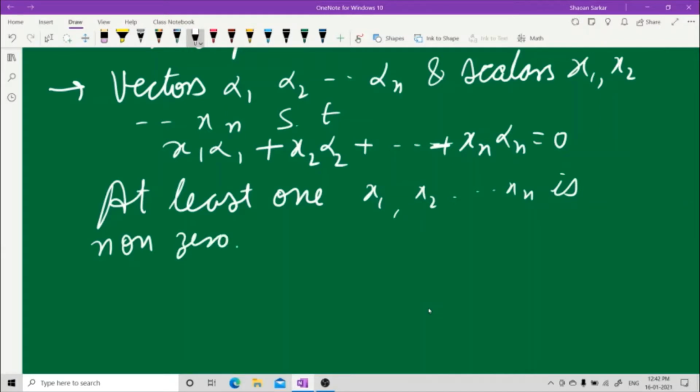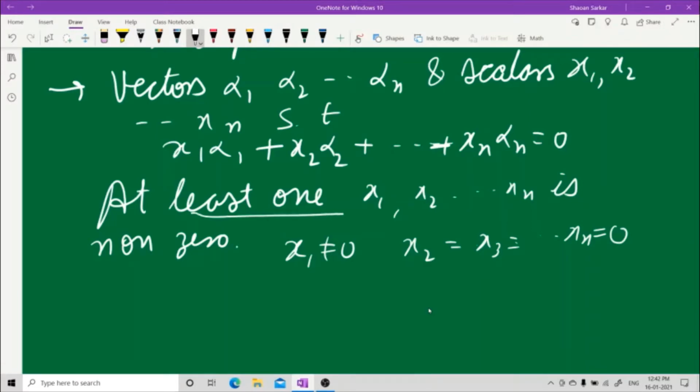That means, suppose x1 is non-zero, the rest are all zeros. Then also we can say this is not linearly independent, then it is called linear dependence.